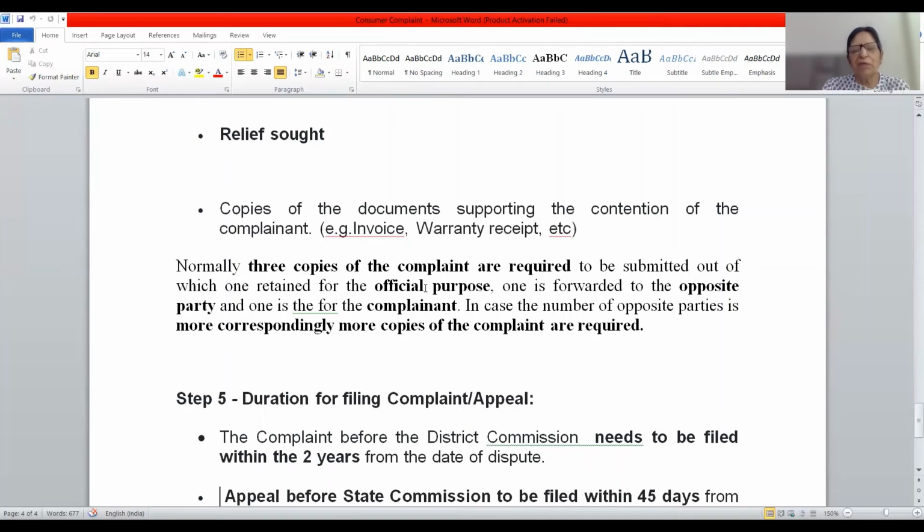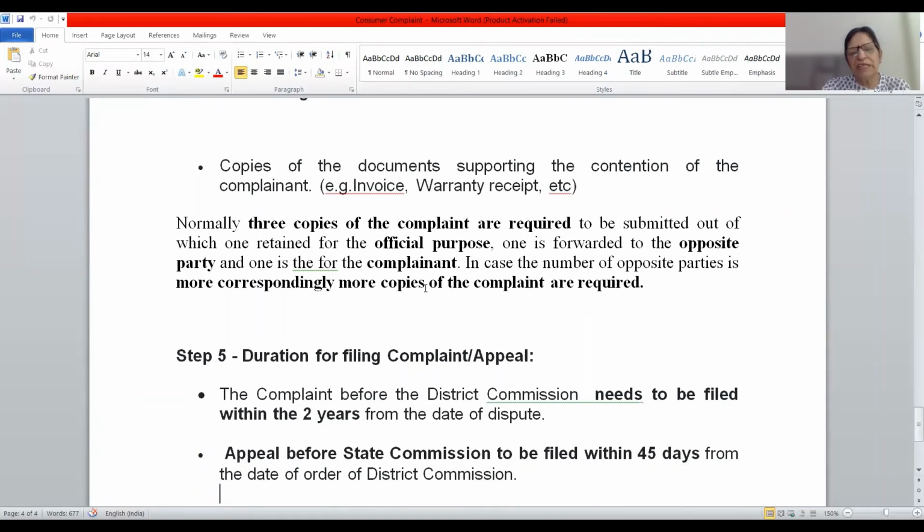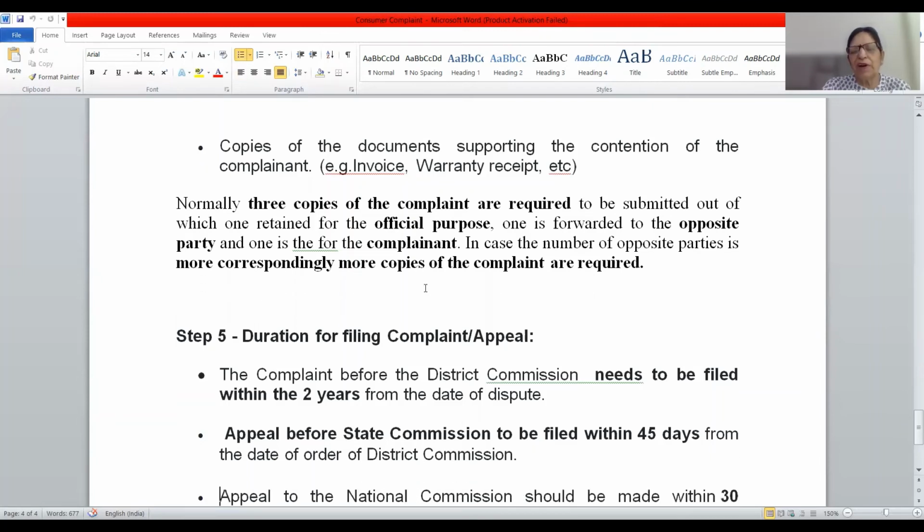The complaint before the district commission needs to be filed within 2 years from the date of dispute. So here the time limit is 2 years from the date of dispute. An appeal before the state commission must be filed within 45 days from the date of the order of the district commission.